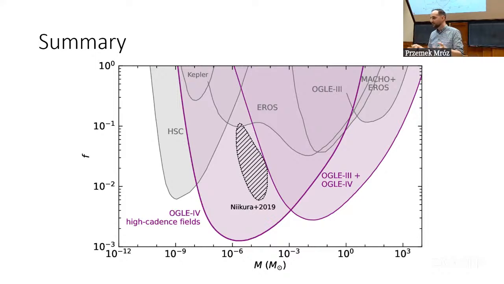Well, they had one candidate, but it's not really convincing. So they put upper limits on asteroid mass or dwarf planet mass black holes in dark matter. And again, they are limited by the wavelength. Perhaps you can think of some theories that can produce such objects.